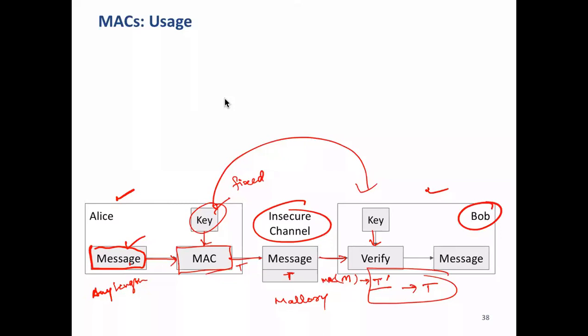So Bob will know that the message has come from Alice because only Alice apart from him has this key. So it satisfies two conditions: integrity and authentication. Integrity because the message has not been changed. If in between the message has been changed, then what will happen?